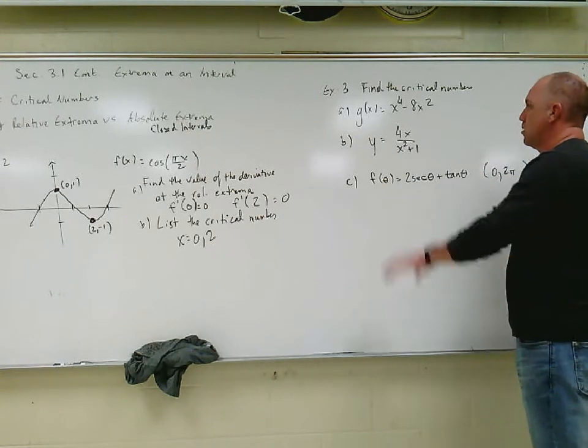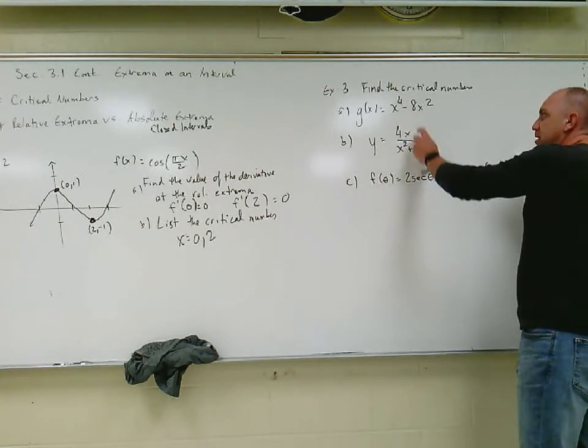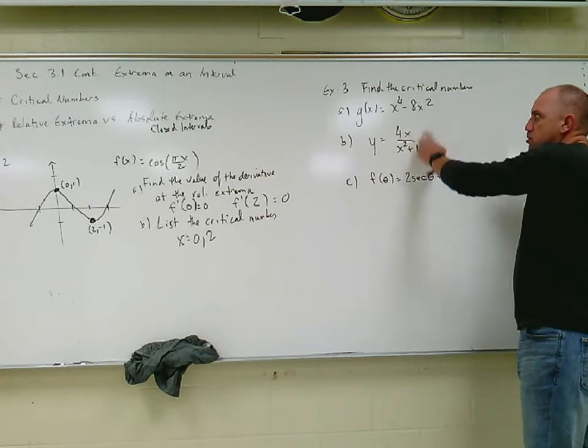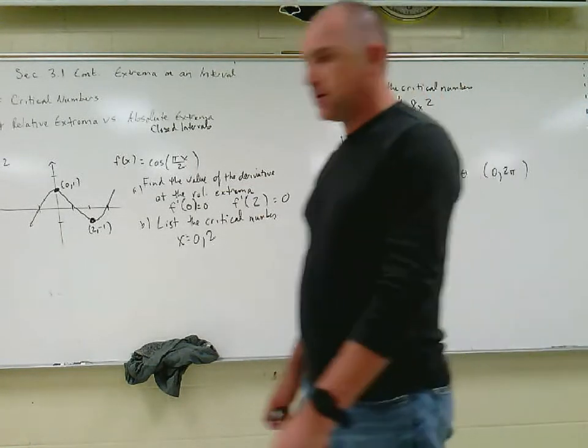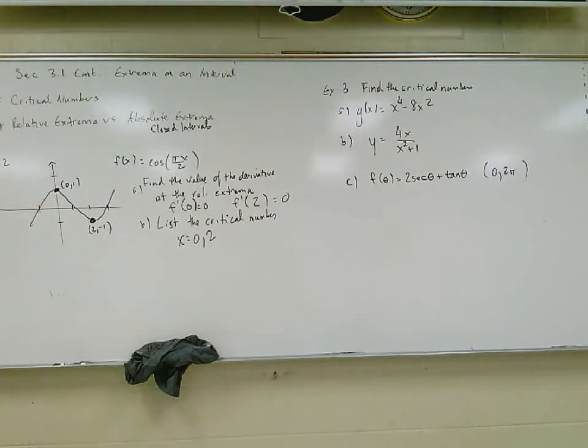So find the critical numbers for each of these. I can tell you these two will not be undefined. They should just be equal to 0. And we'll look at why in a second, okay? And then when you get to the trig one, that will be part 2 of our 3-1, and that should pretty much put you in good shape to finish that lesson.